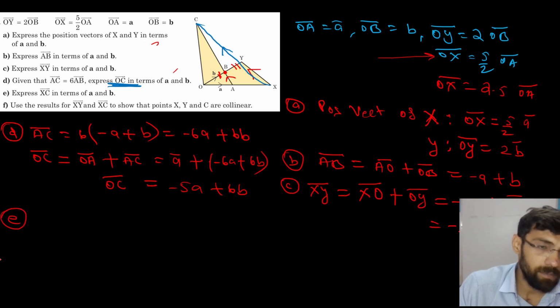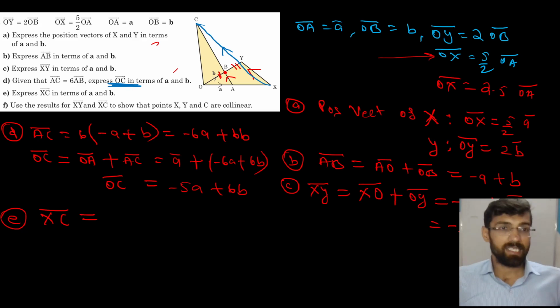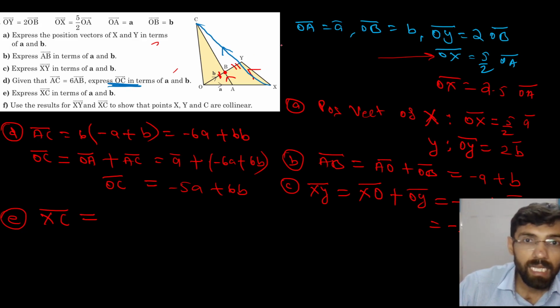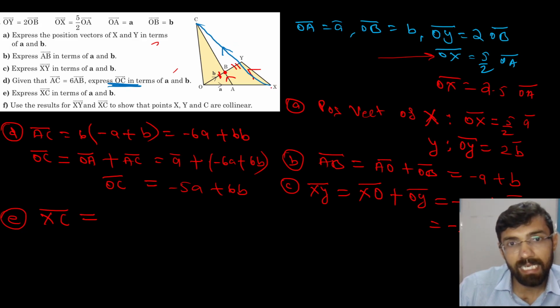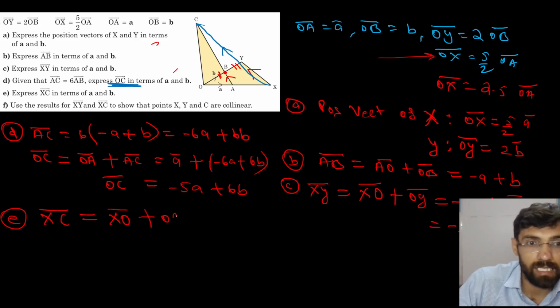Now we can try part E, the XC vector. XC vector means displacement X to C. I can write XO plus OC, and we have both.